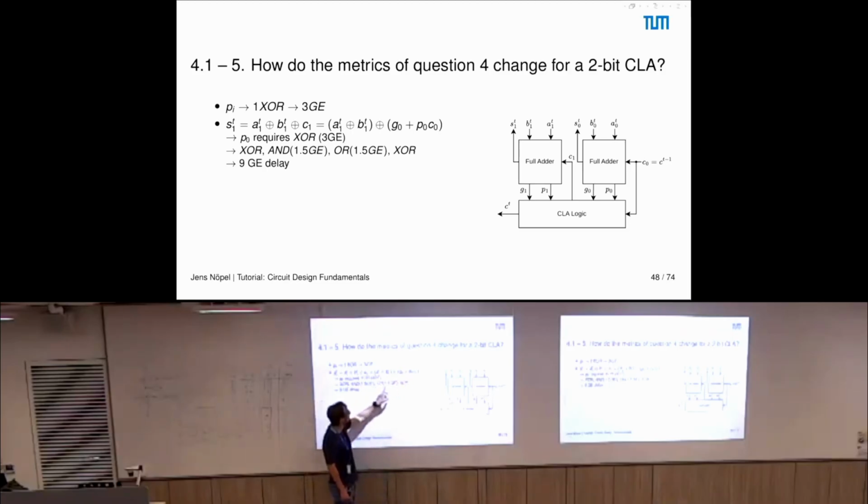This is this one. And then we have one XOR with the result of this one. And here again, the exact same thing as before. The XOR of this one can happen in parallel to the calculation of this one. So this is why it is not reflected in here. And if we then do the calculations, we end up with 9 gate equivalents.